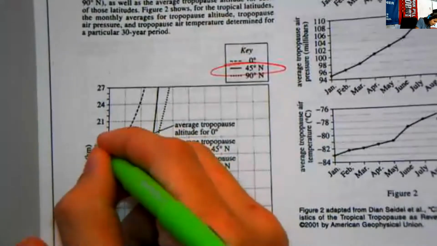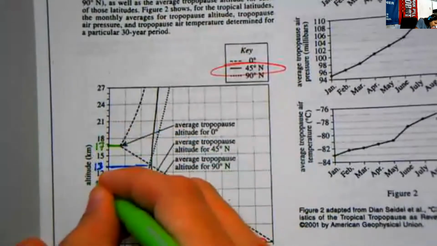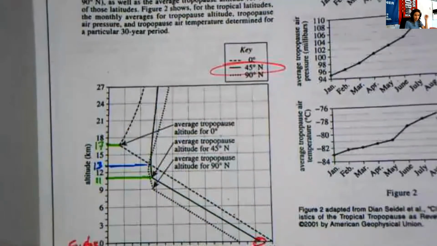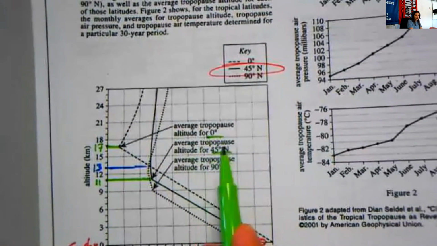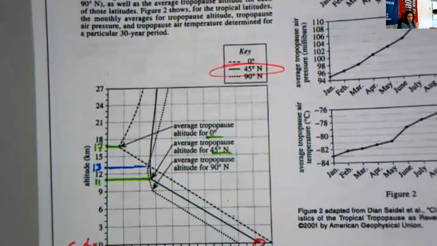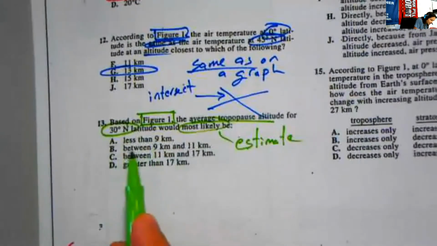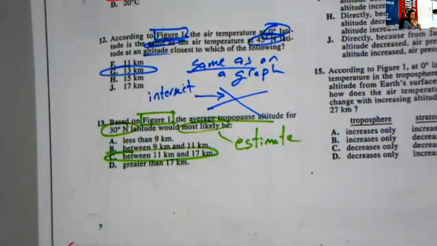So 0 is at 17 and 45 is at 11. So where would 30 be? You would presume that 30 would be somewhere in between 0 and 45, given that 30 is between 0 and 45. So I'm going to choose the 2 values I know. It's got to be between 17 and 11. That's answer option C. First 3, good gosh, I think those are pretty freaking easy.